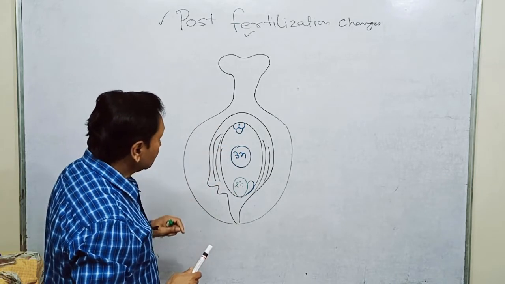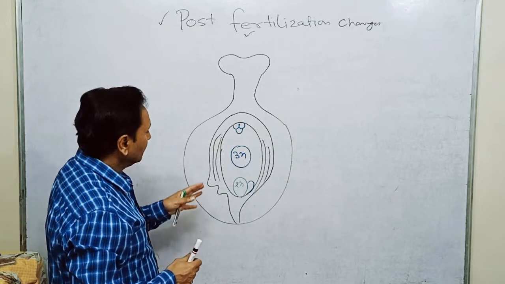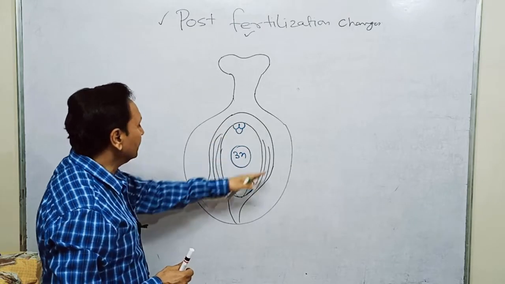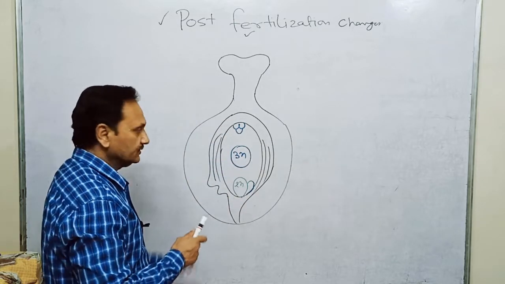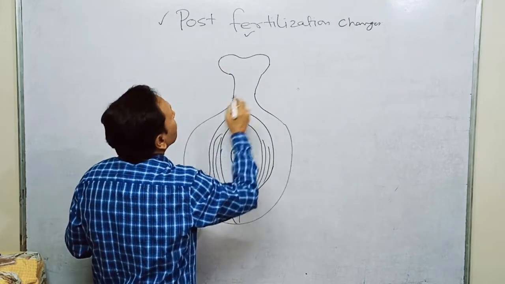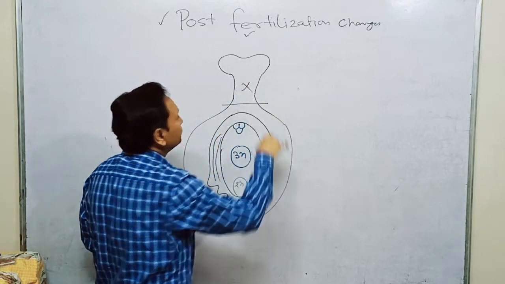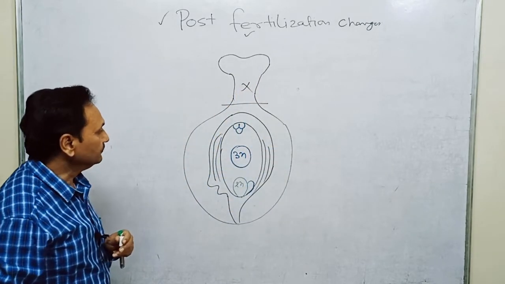Now we will discuss the fates of the different remaining parts, because during post-fertilization changes, some parts fall down and disappear.